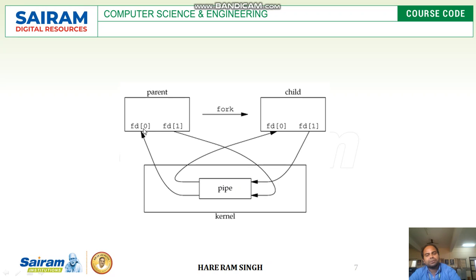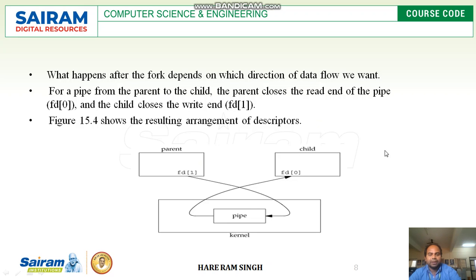Overall, in the parent process fd0 is closed and in the child process fd1 is closed. Then the parent process writes the data into the pipe using fd1, and the child process reads the data from the pipe using fd0.